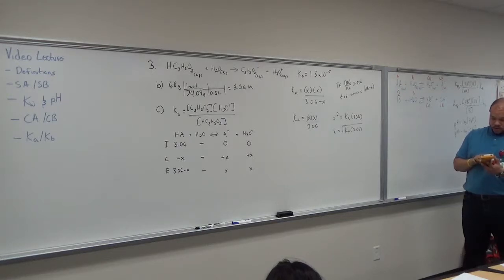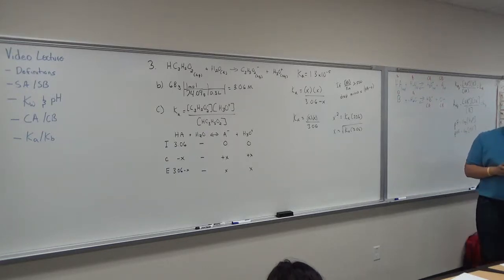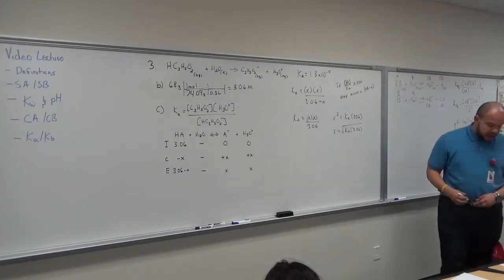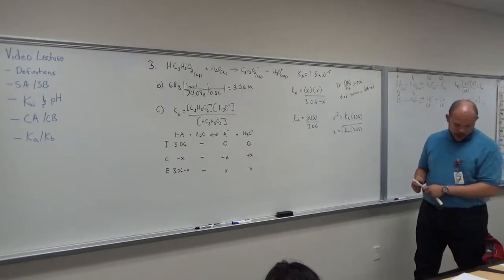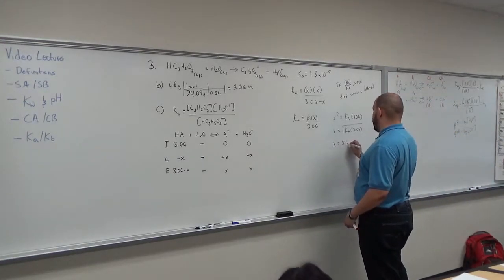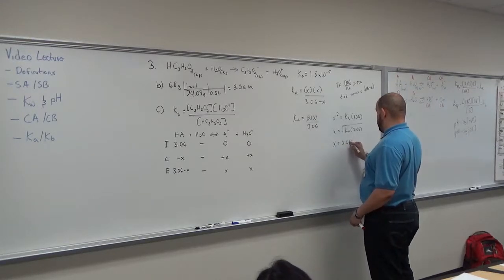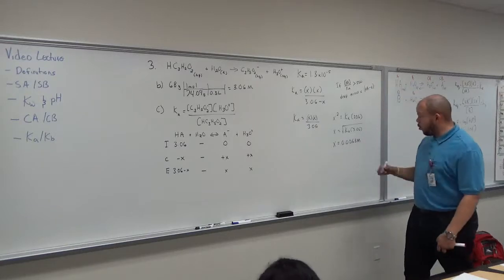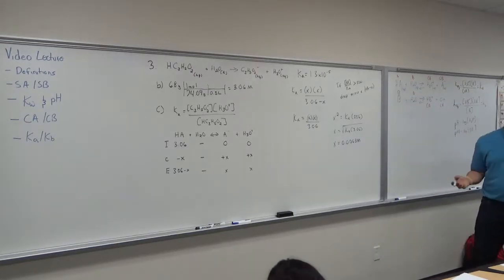Square root of 1.3 e to the negative 5 times 3.06 looks like 0.0063. So X is equal to 0.0063 molar, or 6.3 times 10 to the negative 3, right?